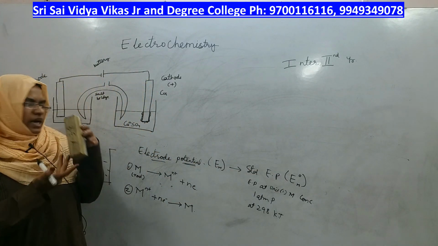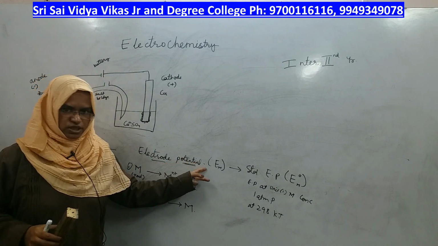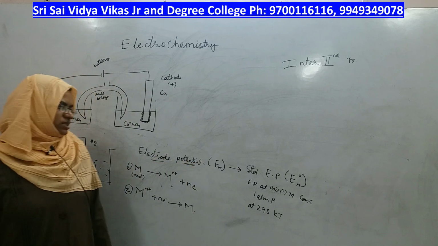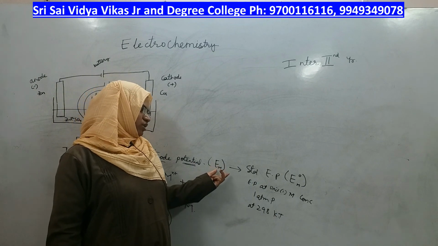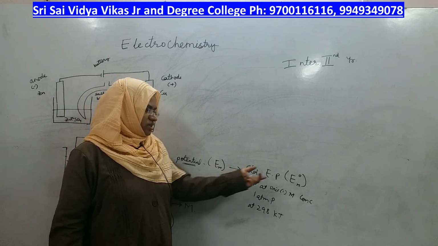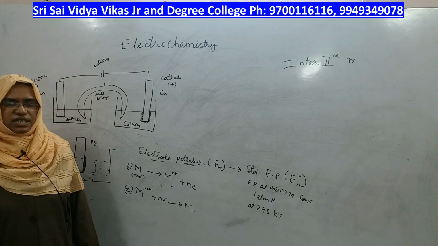For the entire atoms, it is called electrode potential. For only one atom, it is called standard electrode potential. Electrode potential is represented as E and standard electrode potential is represented as E0.